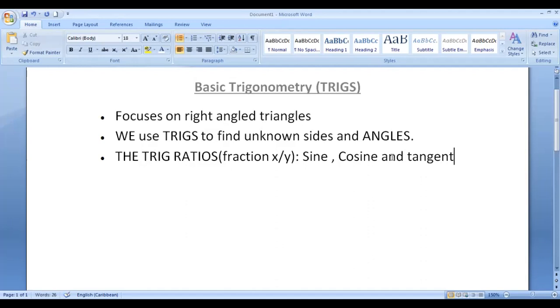For short, sin, cos, and for tangent, we just use tan. And if you notice on your scientific calculators, those buttons are there, not true? Give me a second.